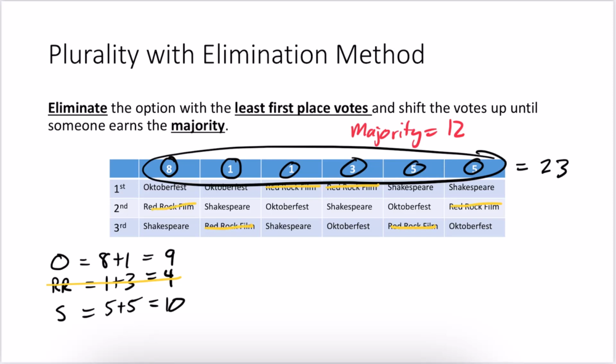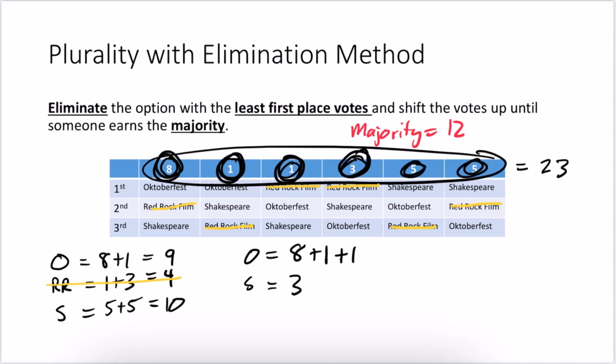And then we go ahead and recalculate the votes and we say, okay, well, these 8 votes still go to Oktoberfest. This 1 vote also goes to Oktoberfest. And this 1 vote is now going to go to Oktoberfest as well because the Red Rock Film Festival was eliminated. And then these 3 votes will go to the Shakespeare Festival.